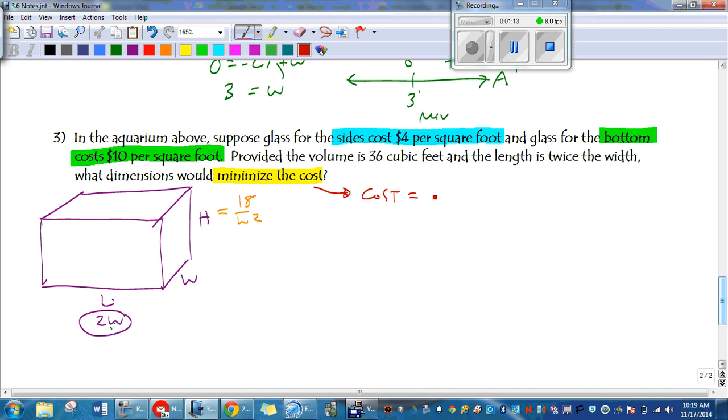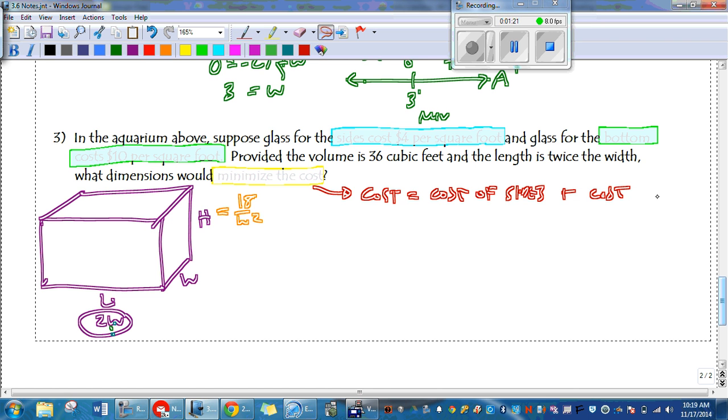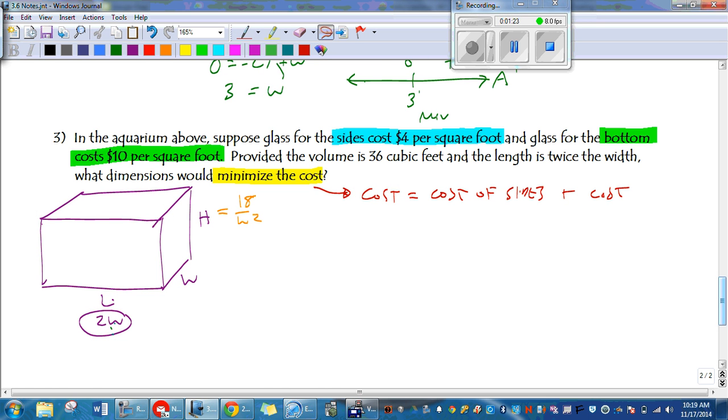So our total cost is going to be the cost of the sides plus the cost of the bottom. So the cost of the sides, we know it's $4 per square foot. Well, that's going to be $4 times the area of all the sides.